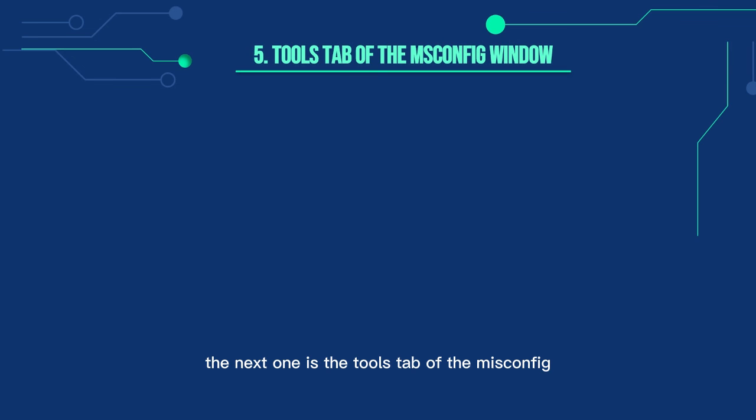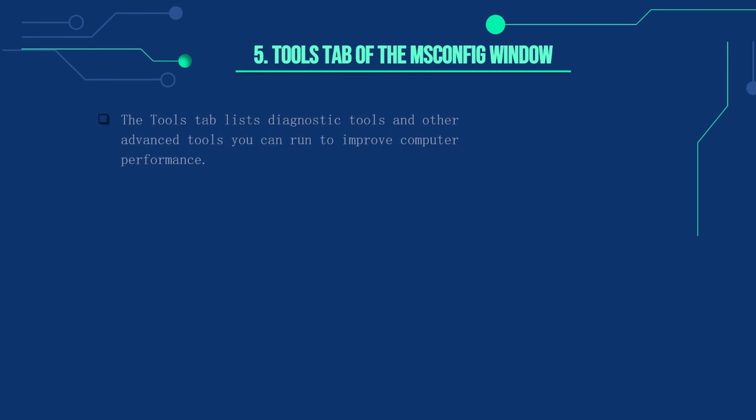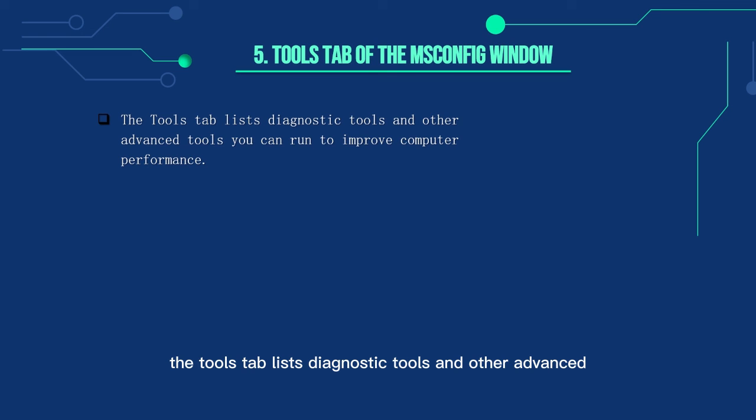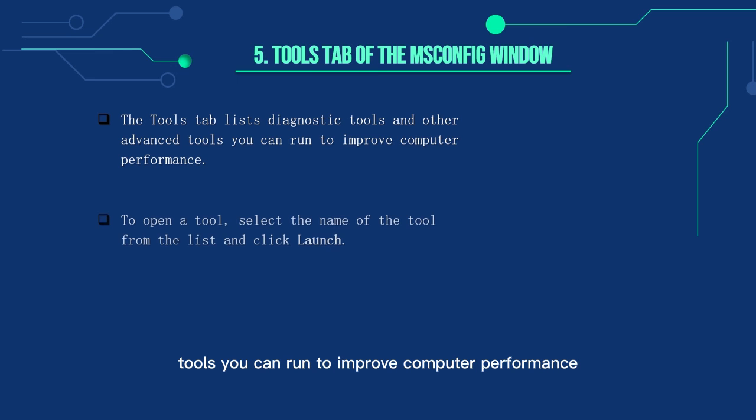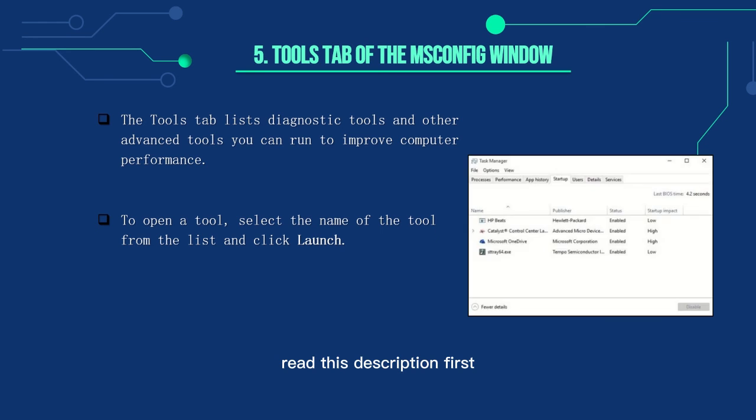The next one is the tools tab of the msconfig. The tools tab lists diagnostic tools and other advanced tools you can run to improve computer performance. Before opening a tool, read the description next to the name of the tool to better understand the function it provides.